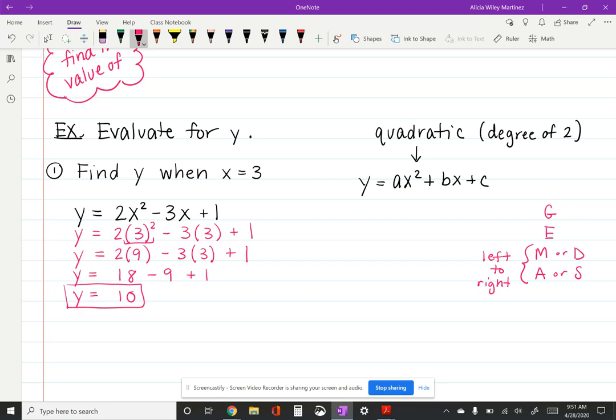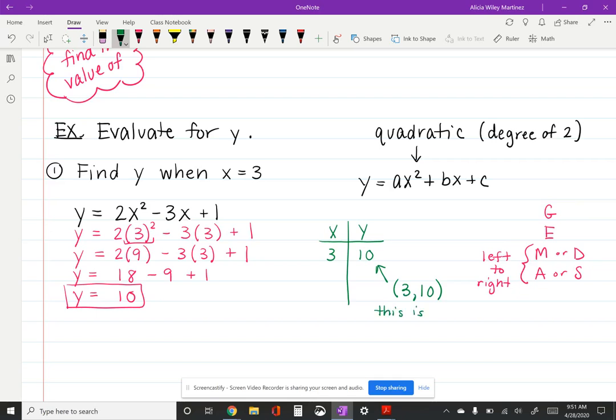Now, what does this answer mean? What this answer means is if we think about an XY chart or a T chart, the value of x is 3, and when x is 3, y is 10. Really, what we have done is we have found an ordered pair, (3, 10).